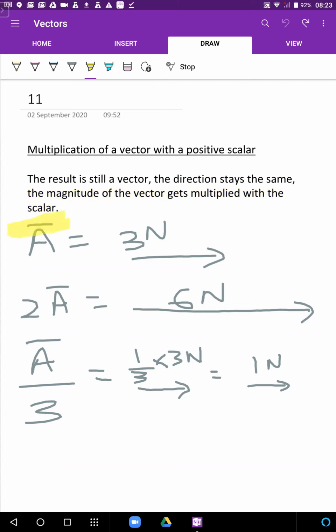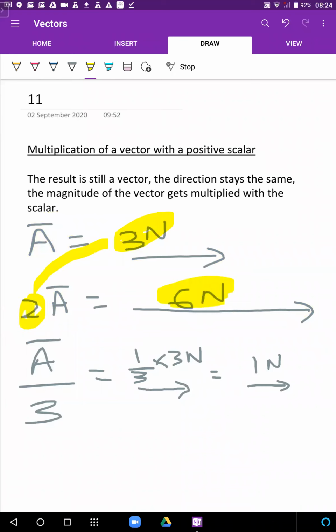So very simple demonstration. ये देख लो, a bar अगर 3 Newton towards right है, तो 2a bar is first of all still going to be a vector. It's going to still have the same direction. The only difference is 2a bar का magnitude is going to be 2 times a bar का magnitude. तो a bar का magnitude 3 Newton था, 2a bar का magnitude is going to be 2 times 3 Newton.